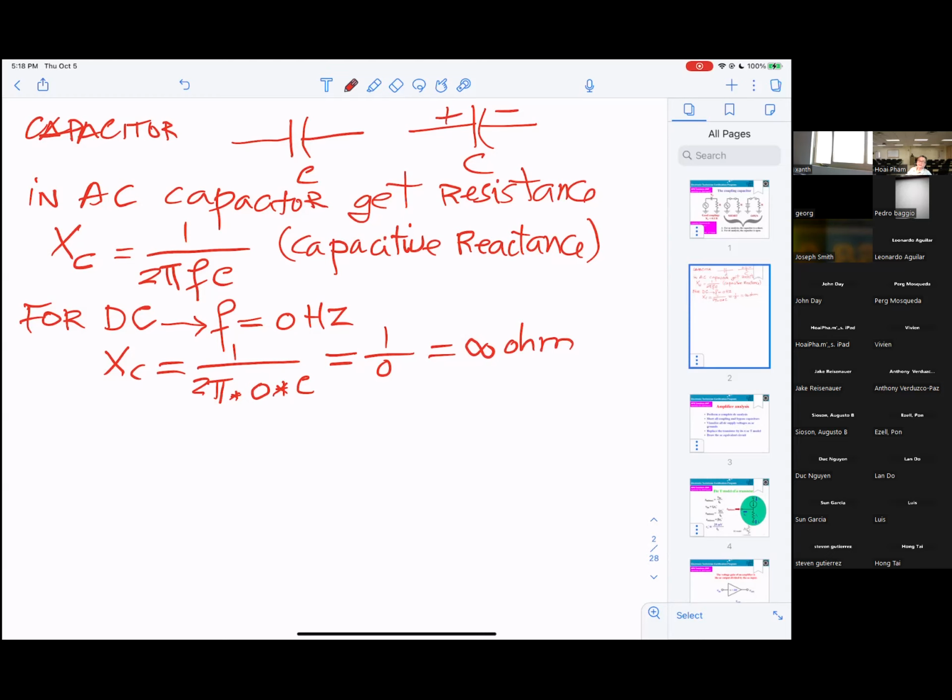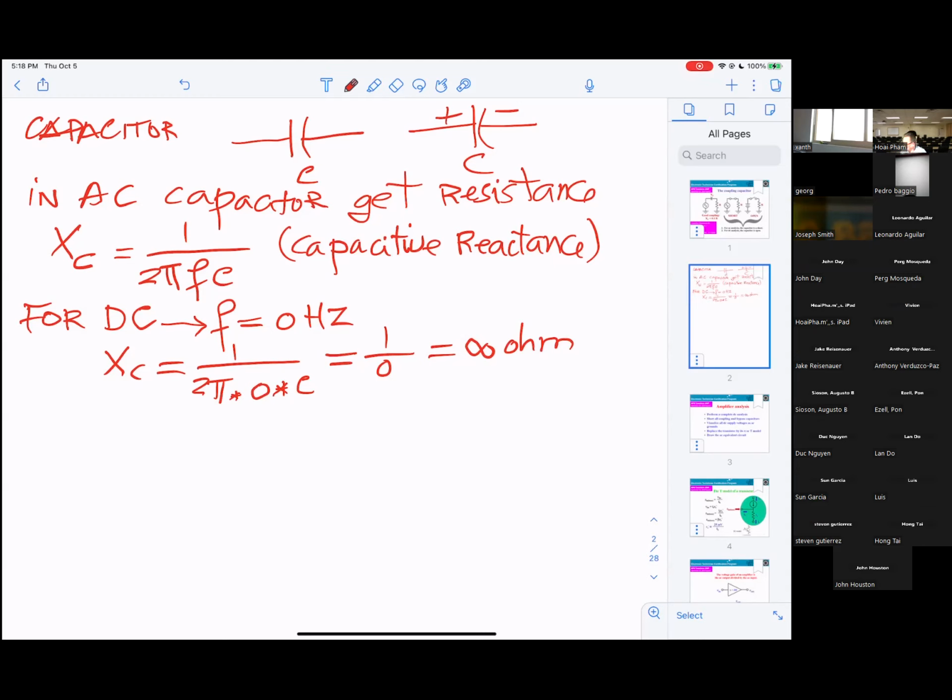So for the DC, without any frequency, XC will be equal infinity ohm. Infinity ohm means resistance is too big, current cannot flow. So that's why we say capacitor is open.